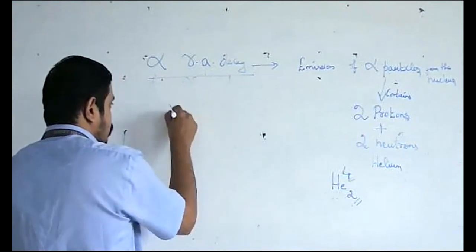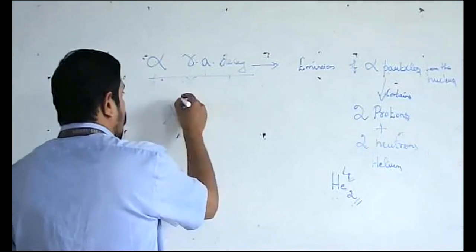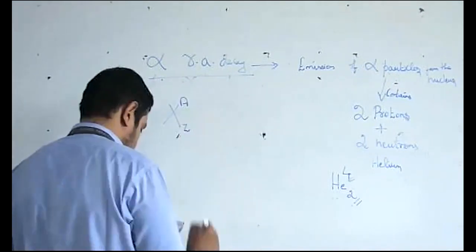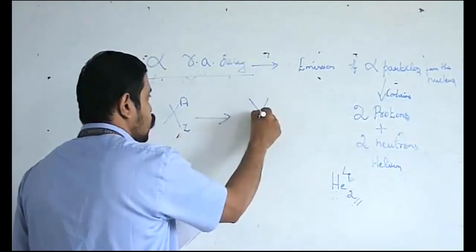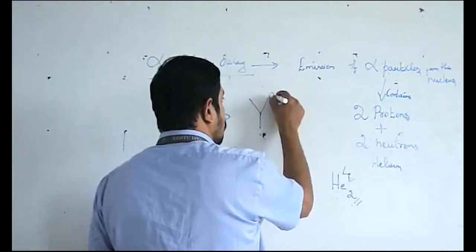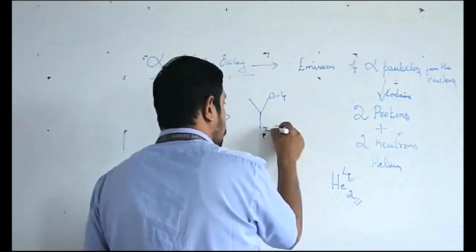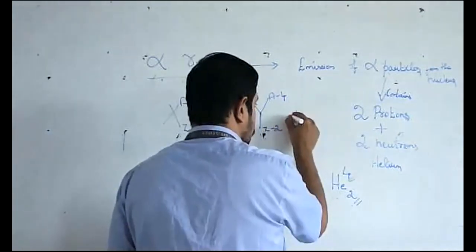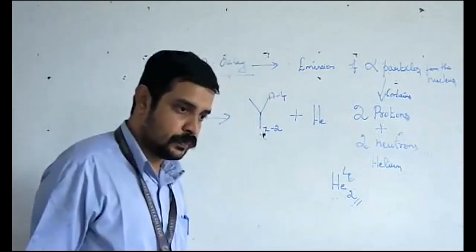We'll take X element, A and Z. It is converted to a Y element, A minus 4, Z minus 2, plus helium.